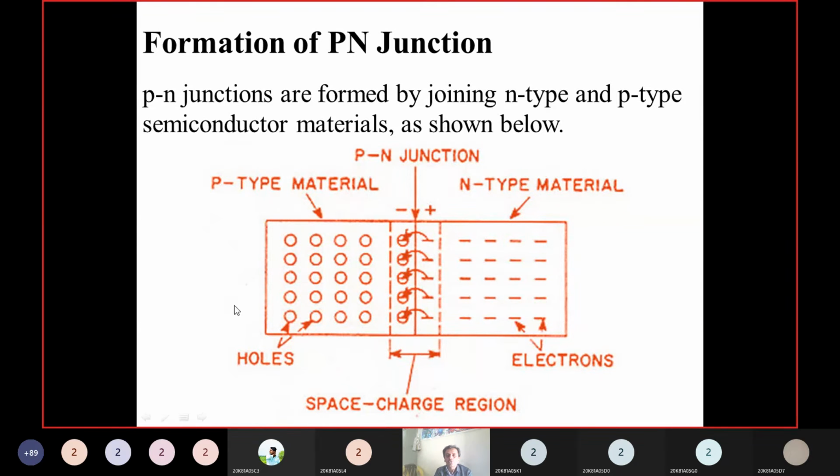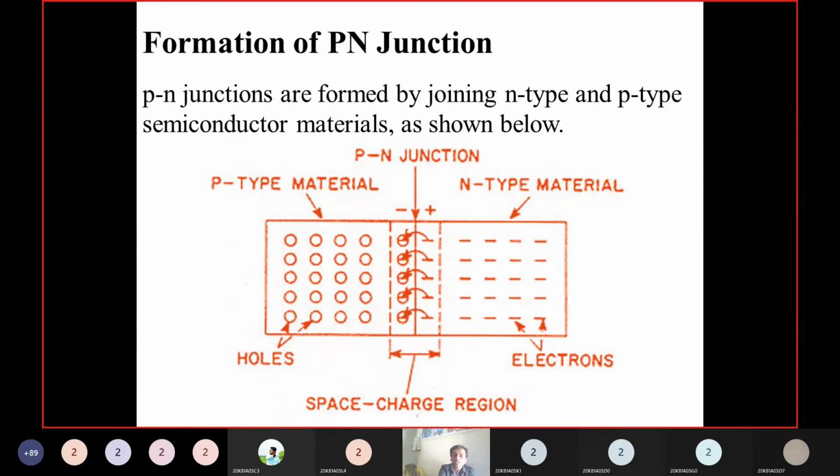Without giving any external voltage, there is no flow of the charge carriers, because initially diffusion takes place, and after a certain time the space charge region will be developed. Due to that space charge region, there is no flow of either electrons or holes in the PN junction diode.